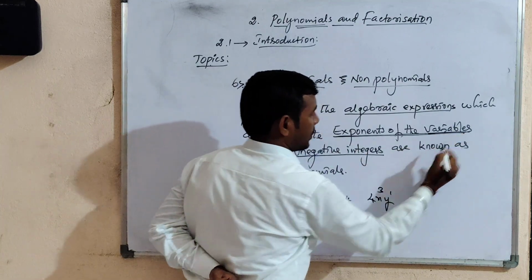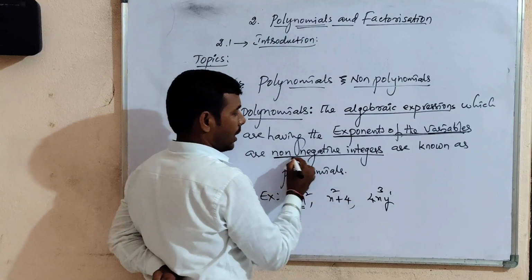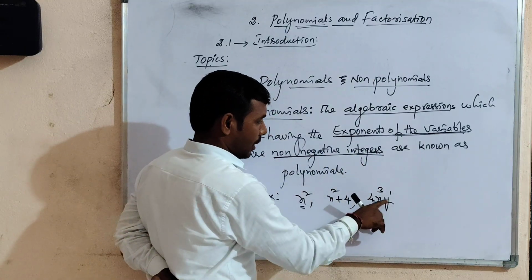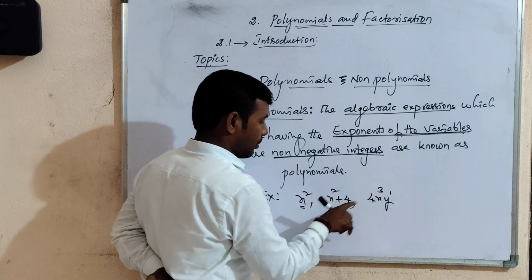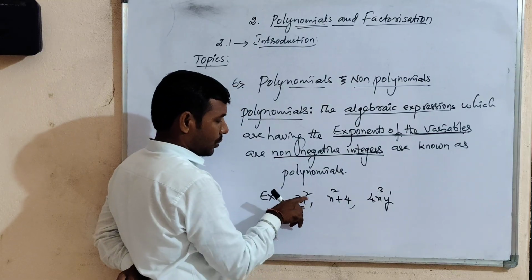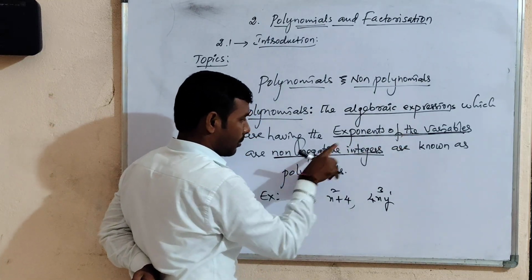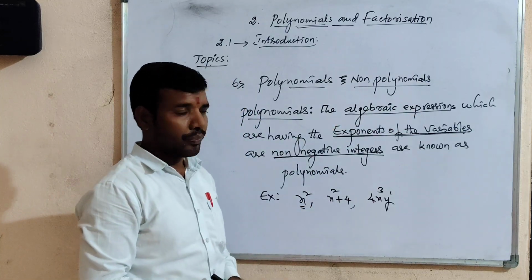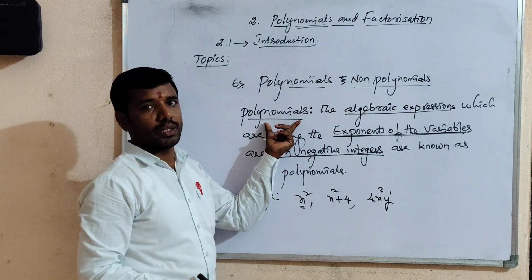Whatever the variables, their exponents should be non-negative integers, in a sense whole numbers. See, y power 1 is a whole number, x power 3 is a whole number, x power 2 is a whole number. Whatever the exponents of the variable, they must be whole numbers in algebraic expressions. Then only those are called polynomials.